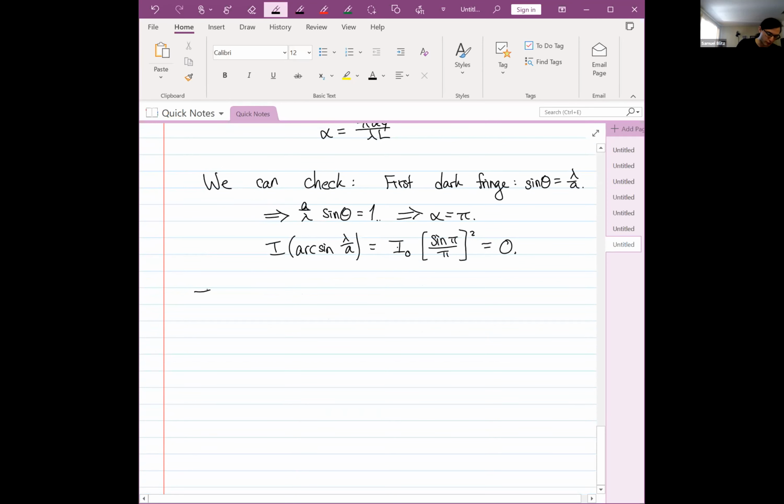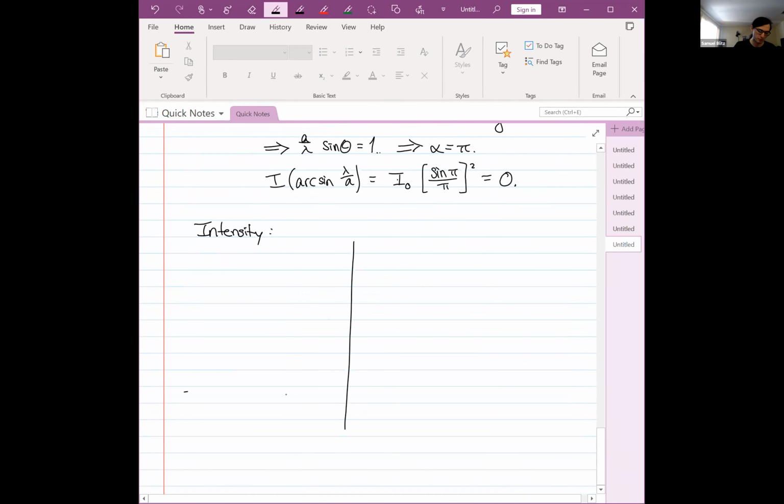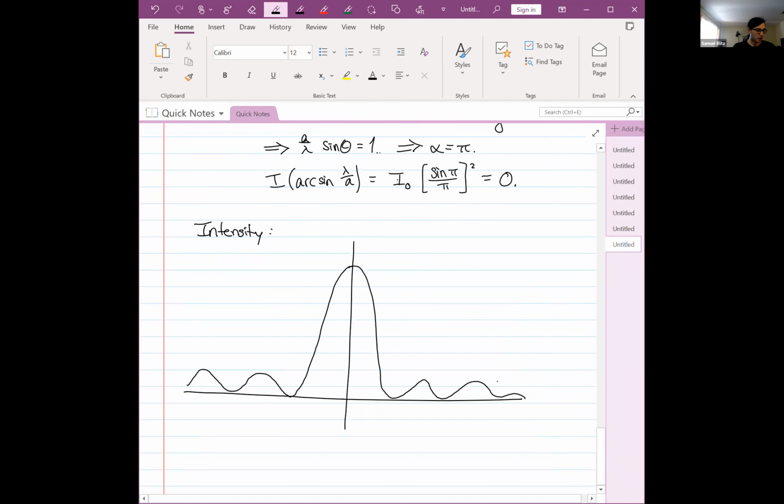So let me just plot for you what the intensity sinc function looks like. It looks something like this. The width of the bright central maximum is 2 lambda over a.